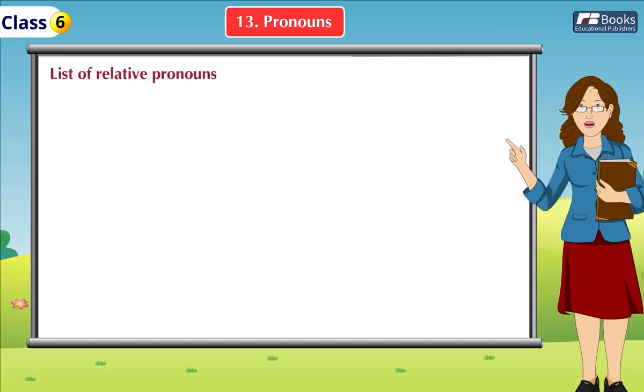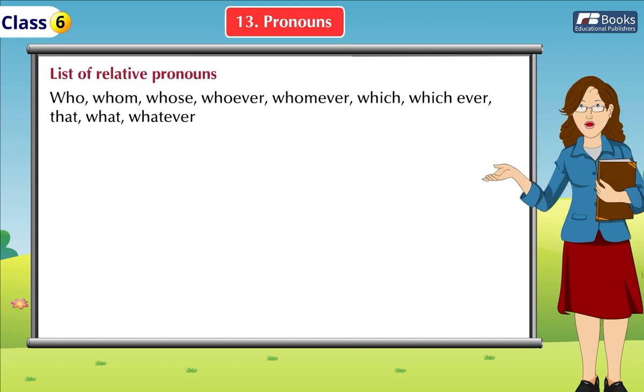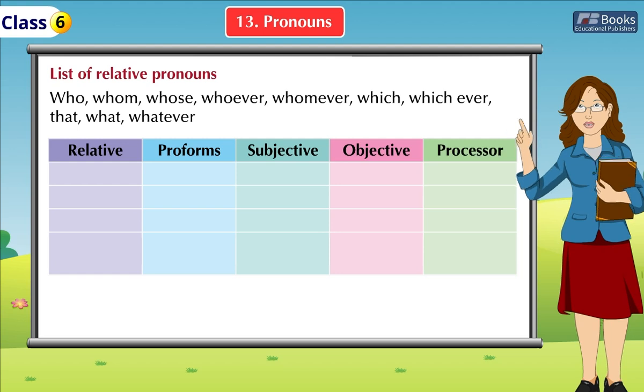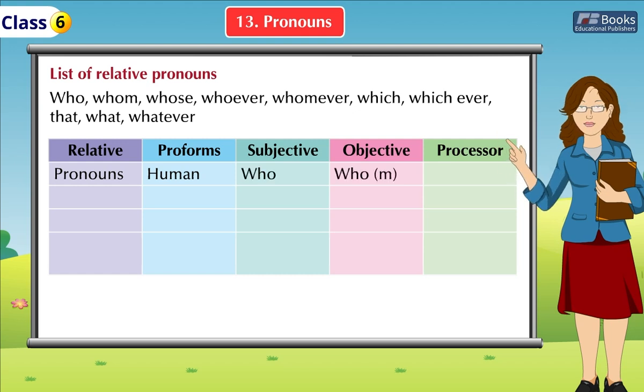List of relative pronouns: who, whom, whose, whoever, whomever, which, whichever, that, what, whatever. Relative pronouns. Human: subjective who, objective whom, possessive whose.